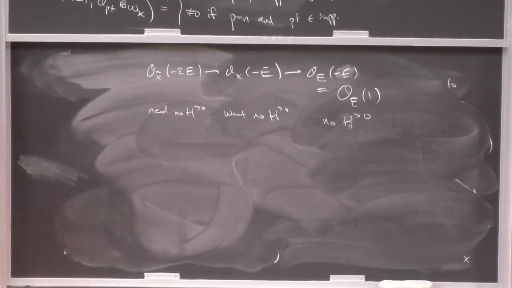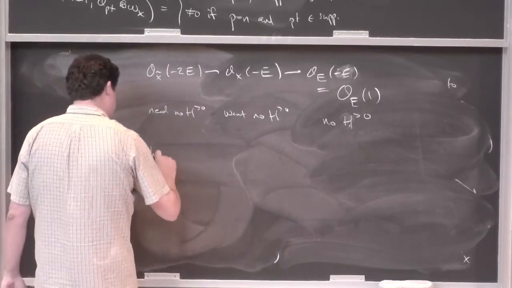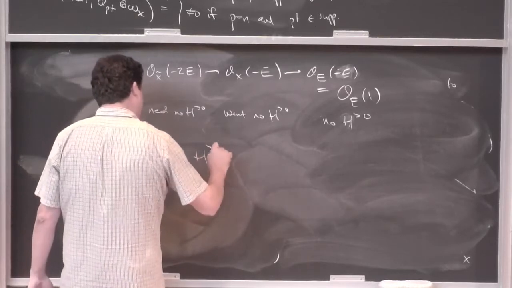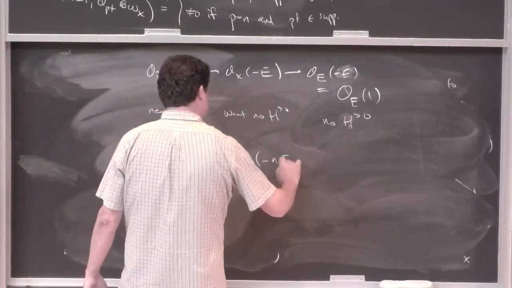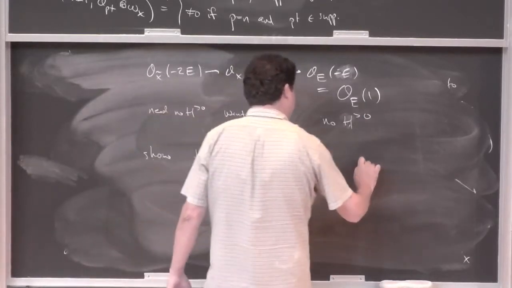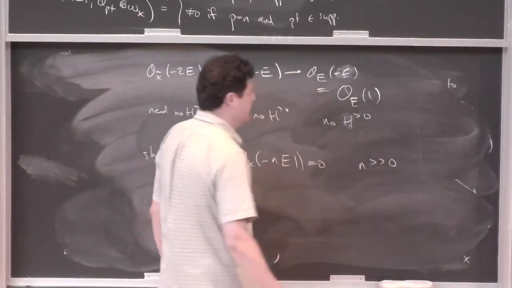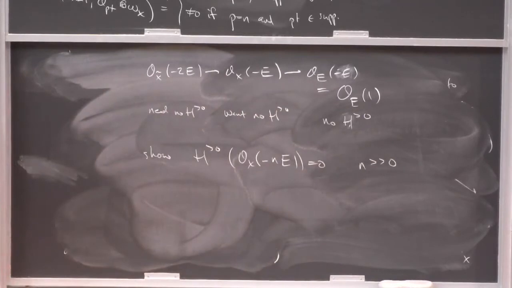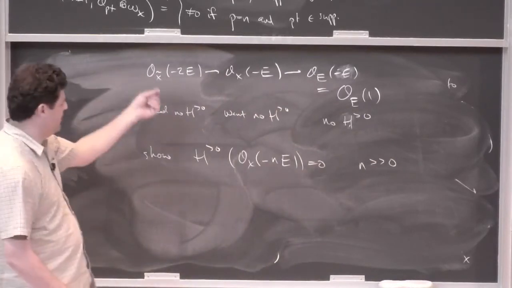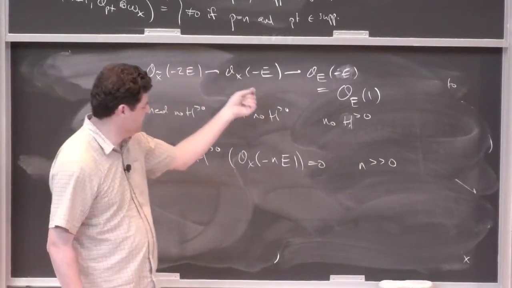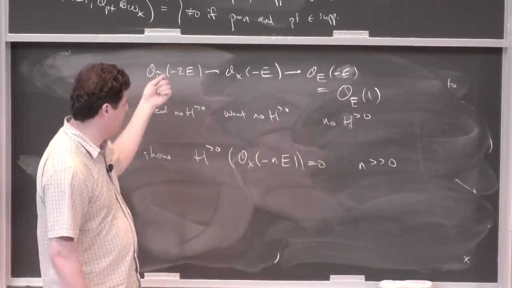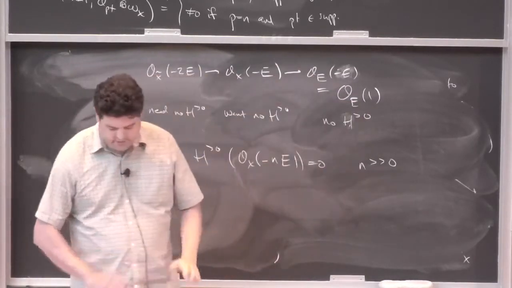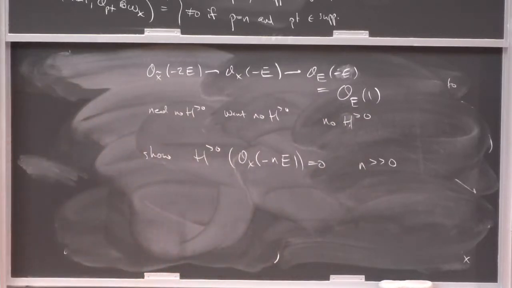So what we need to show is that the higher cohomology of O_X of minus nE vanishes for n much bigger than 0. The next one's going to be O minus 3E, O minus 2E, O_E of 2. Then O minus 4E, O minus 3E, O_E of 3. You can keep making this argument forever.